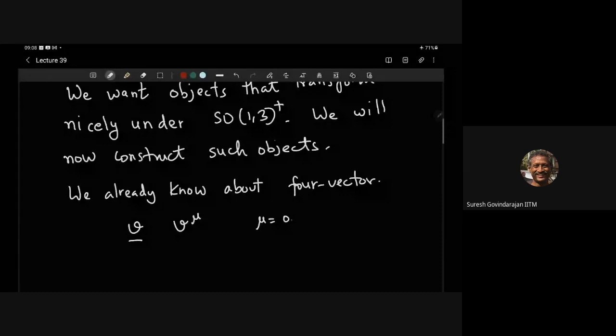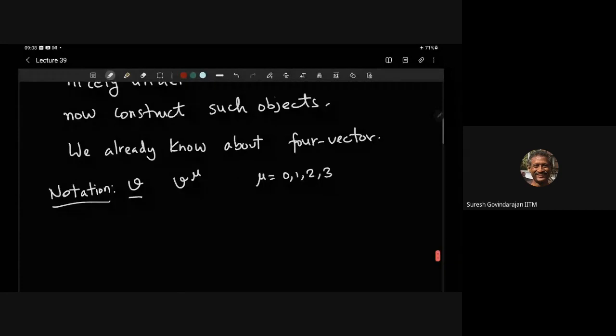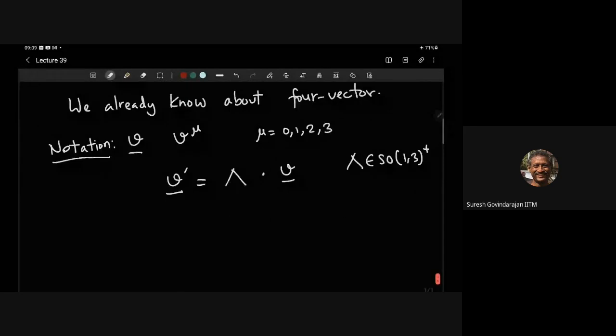So Greek indices go this way. We know that we can write V prime equal to lambda V, where lambda belongs to SO(1,3)+. If you want to put the indices, V prime mu equals lambda mu nu V nu, of course with repeated index, so Einstein summation assumed.